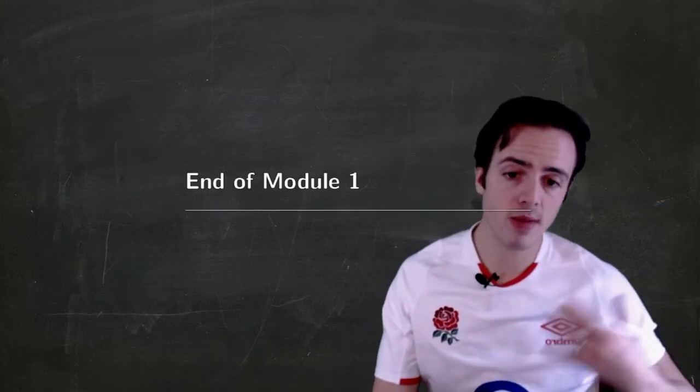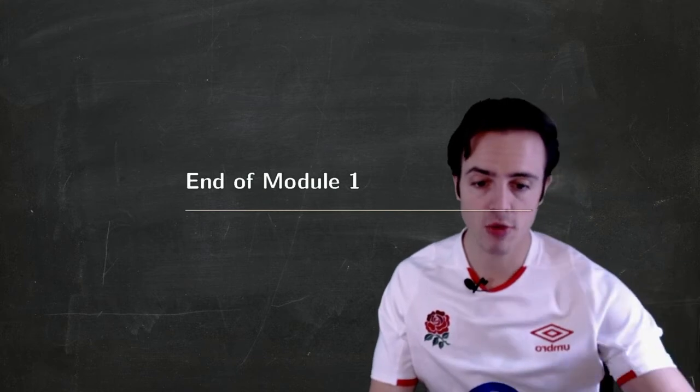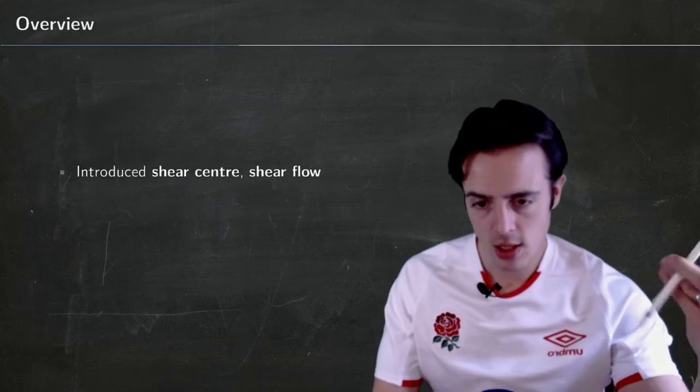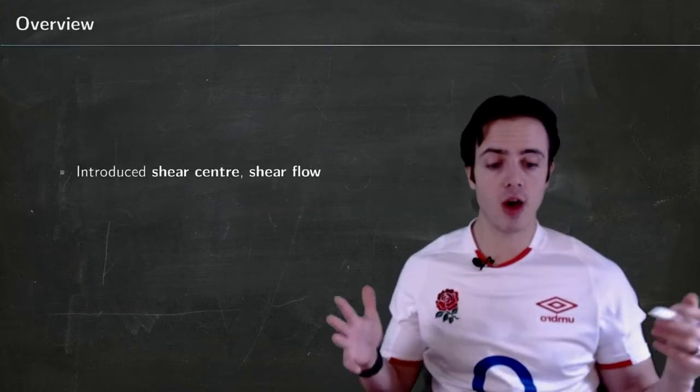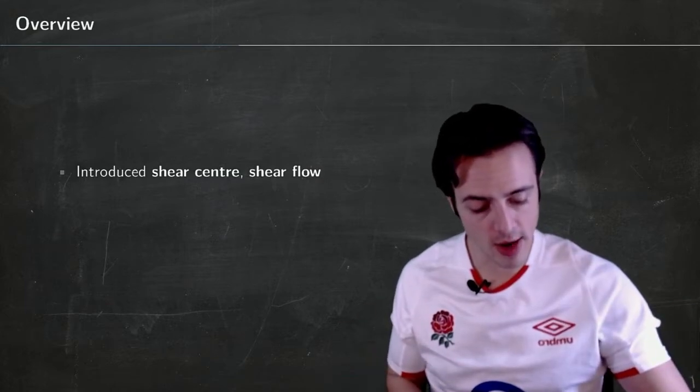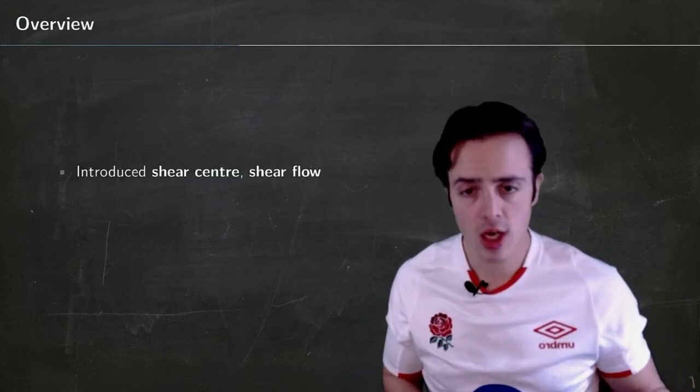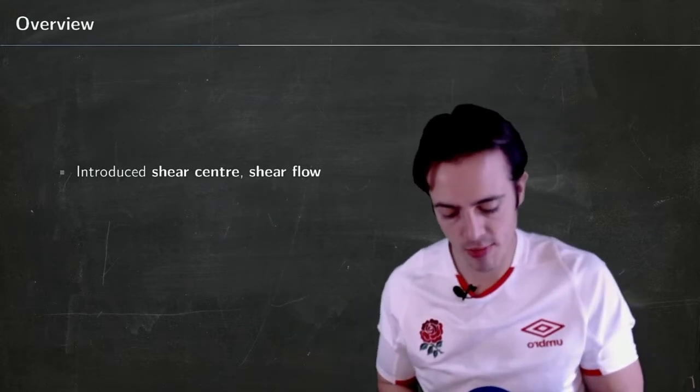Let's firstly speak about what we did in module 1, so the things that you should know. We introduced some new concepts for you guys, things that a few of you may have already heard of before, but we're just going to remember the key concepts that we've picked up.